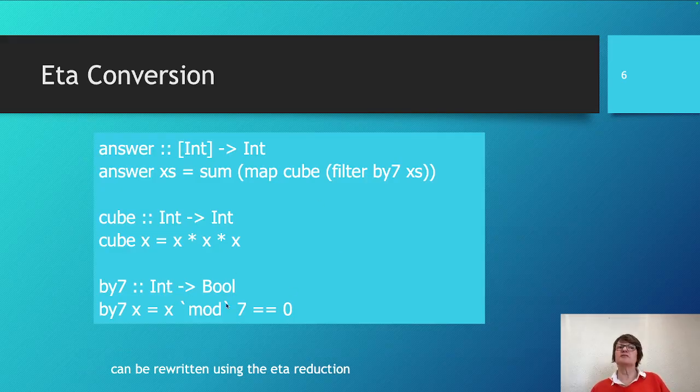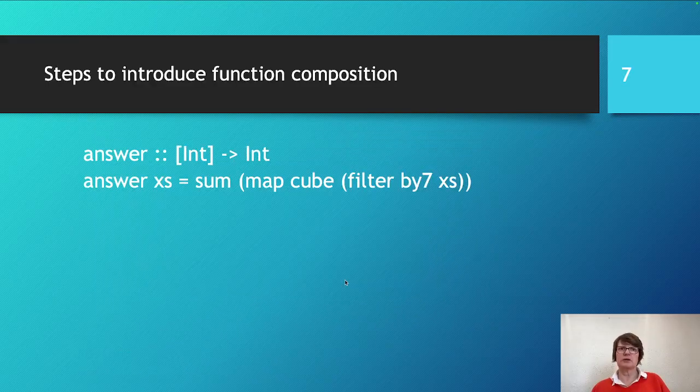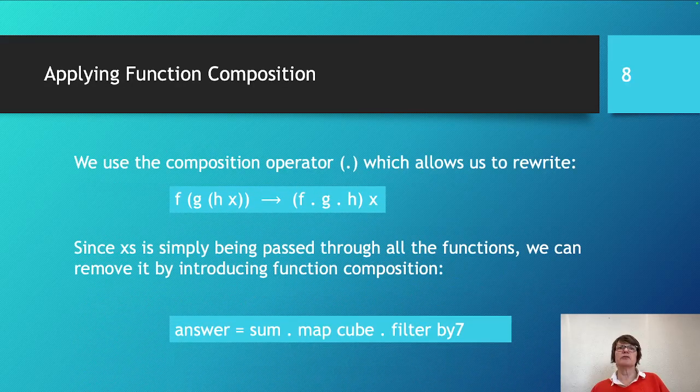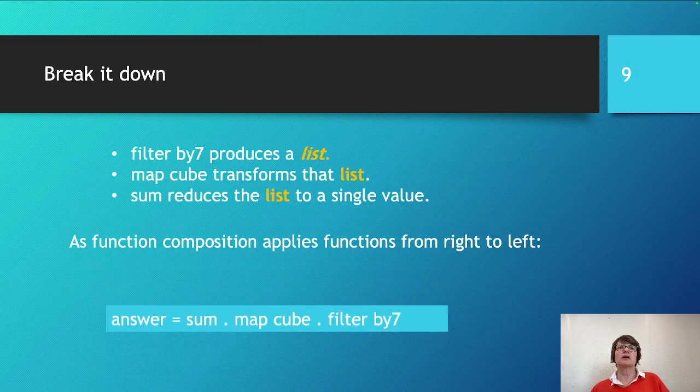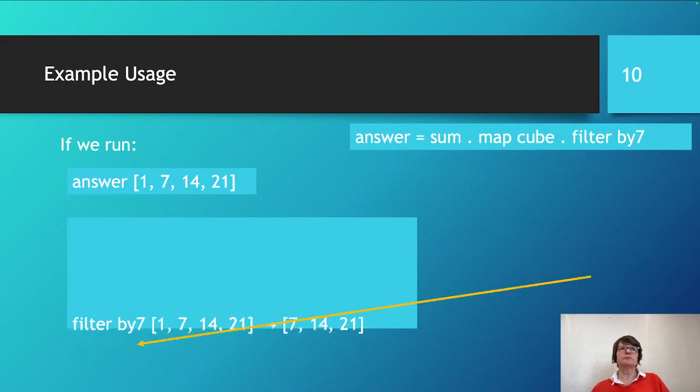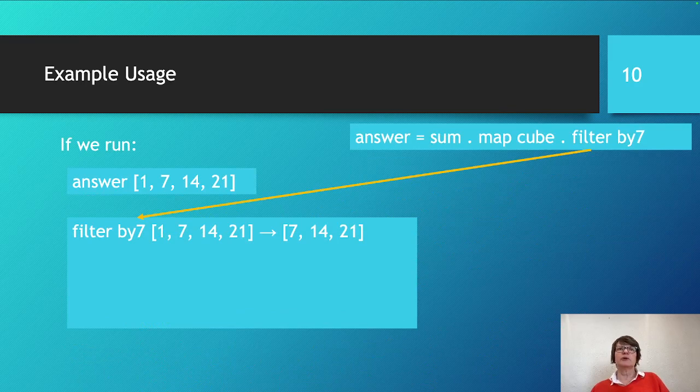It just means it's divisible by 7. Anything that's divisible evenly by 7, we'll work on that. So we're going to filter by 7, and that's going to give me back just 7, 14 and 21, because 1 is gone, it's not divisible by 7, it'll give me a mod of 1.